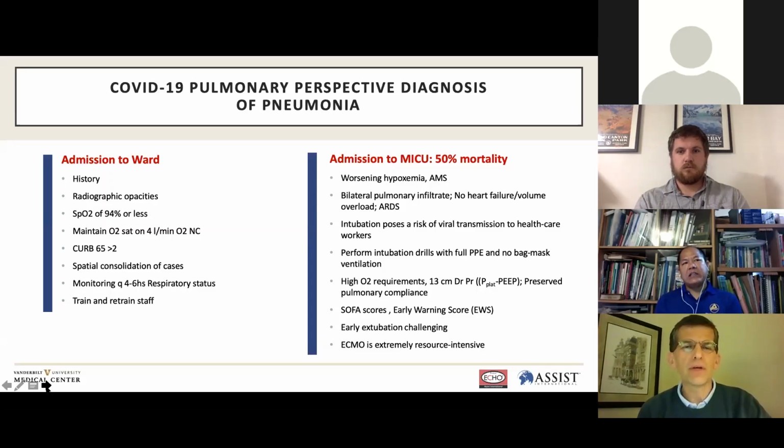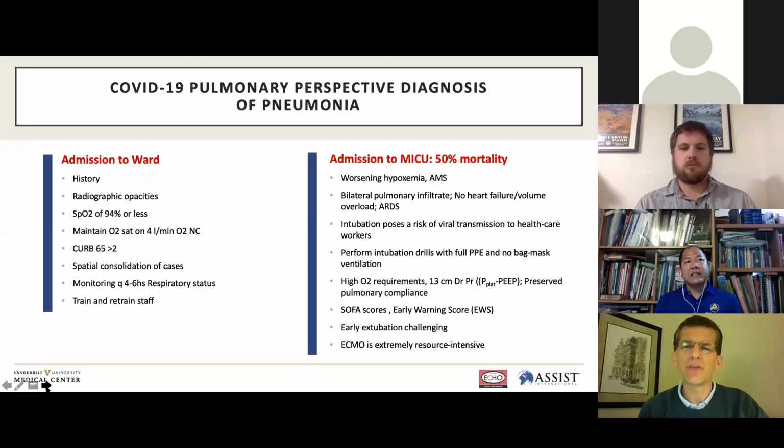The monitoring of the respiratory status is critical, as we know that as the infectious process advances, more severe respiratory presentation may happen. It's critical to train and retrain staff in the emergency room department, on the ward, as well as in the ICU, to be familiar with signs of severity.